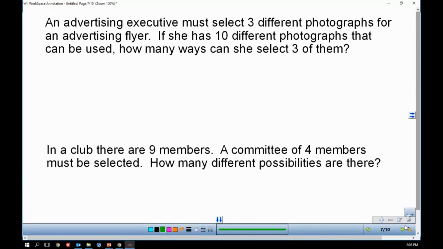An advertising executive must select 3 different photographs for an advertising flyer. If she has 10 different photographs that can be used, how many ways can she select 3 of them? So how many total are we picking from?